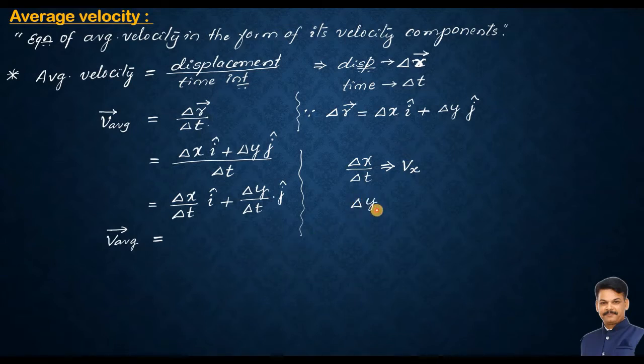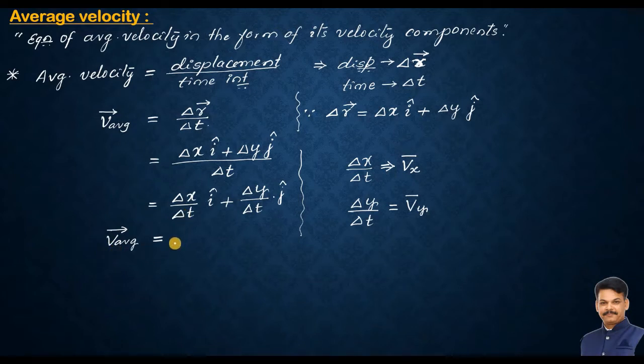Similarly, delta y divided by delta t. What is delta y? Delta y is the displacement along the y-axis in the time interval delta t. Hence it is also velocity because it is displacement divided by time, and it can be written as Vy. As these concepts are related to average velocity, we consider them as average velocity along the x-axis and average velocity along the y-axis.